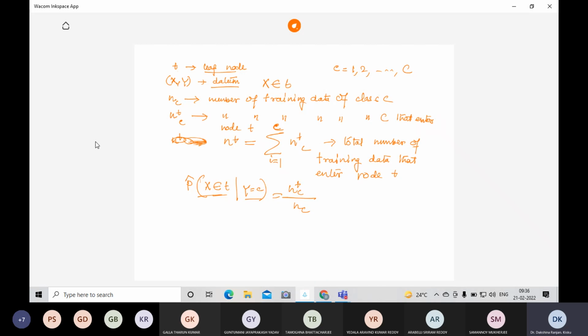That means the number of training data of class C that enters node T divided by the total number of training data of class C.